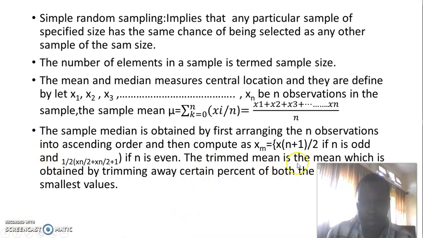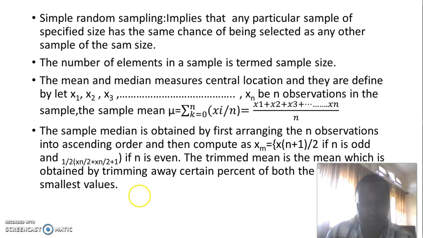The trimmed mean is the mean which is obtained by trimming away a certain percent of either or both of the largest and smallest values. For example, if you have your data set arranged in ascending order, and you remove some largest values, say 2 values, from the data set, and you get the average of the remaining values, you will definitely have a trimmed mean.